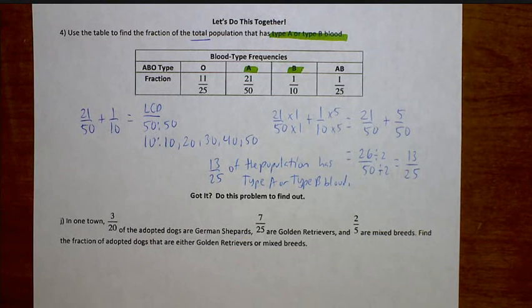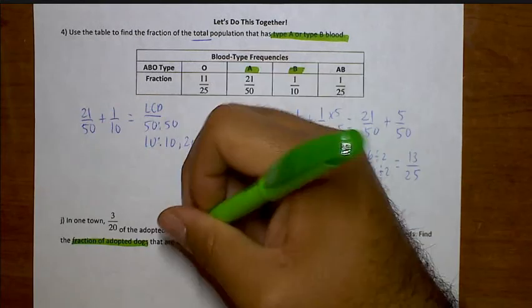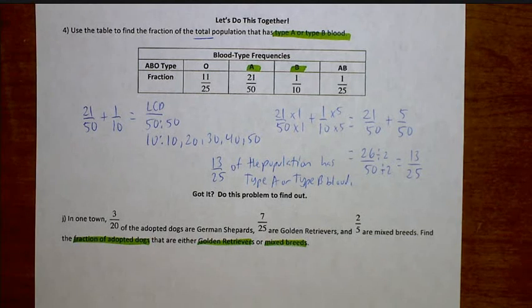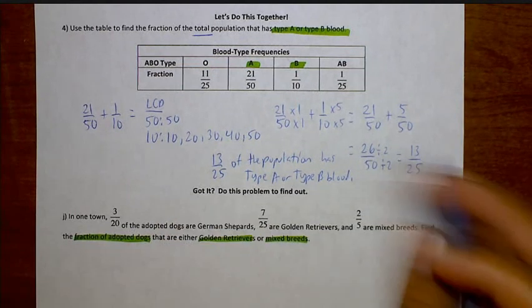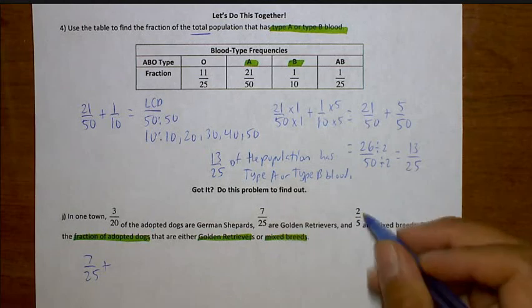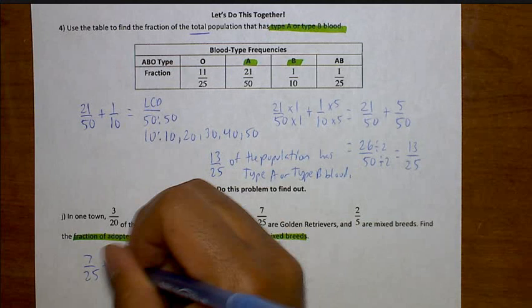Okay, let's rewrite these fractions. 7 over 25 times 1 plus 2/5 times 5 over 5. 7 over 25 plus 10 over 25. 7 plus 10 is 17, and 25 stays as the denominator. That's as simplified as it can get, so I'm going to rewrite this question with my answer.